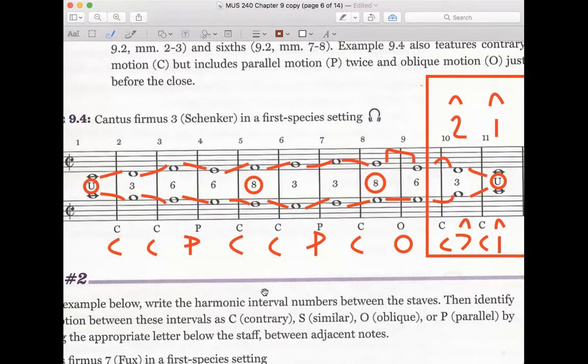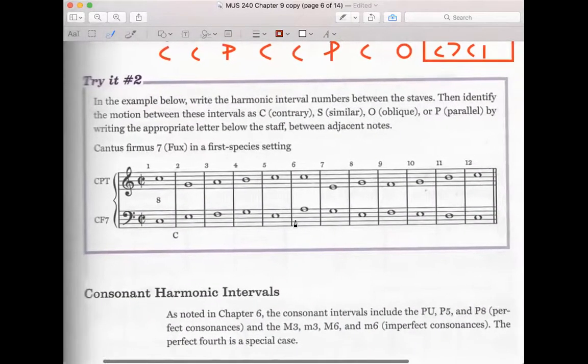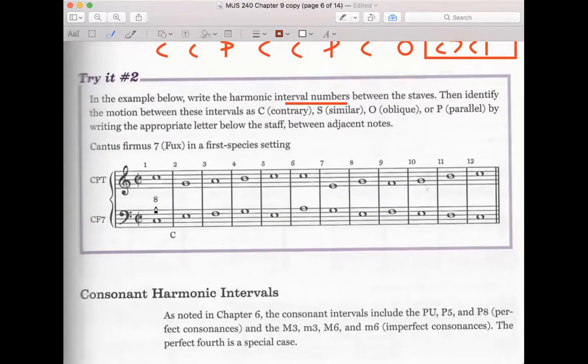Okay, so this is what I'm going to be asking you to do in try it number 2. It says, in the example below, write the harmonic intervals, just the numbers. You don't have to say major or minor in this case. Here they already started. And by the way, start circling. Circle every time you have a perfect interval, okay?